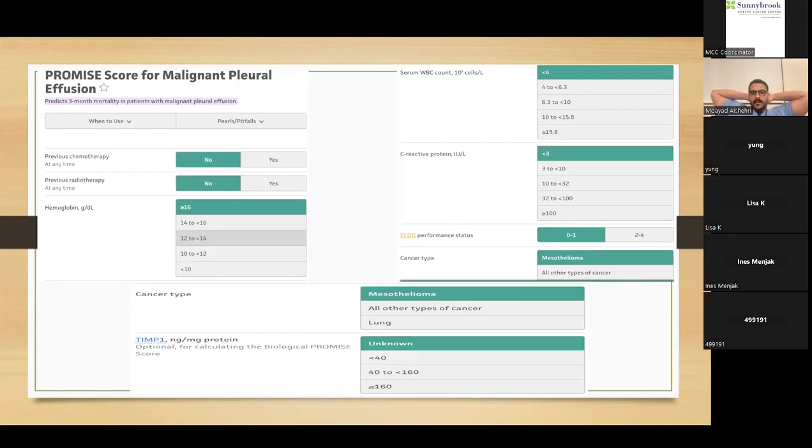But I've never honestly seen anyone using it, even though it's a score that you can find online. I don't think anyone is actually reliably using it. So I think it's just for future research. It's a neat idea, but not that clinically useful at the present time.